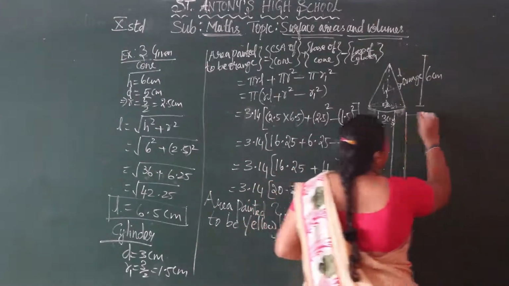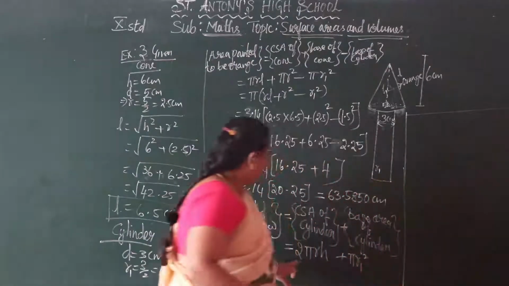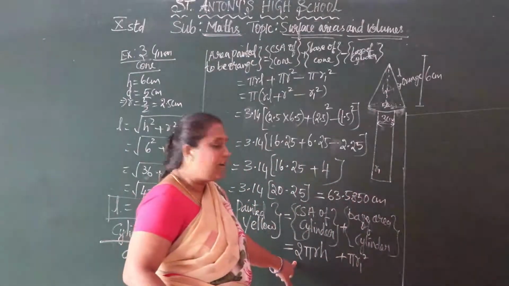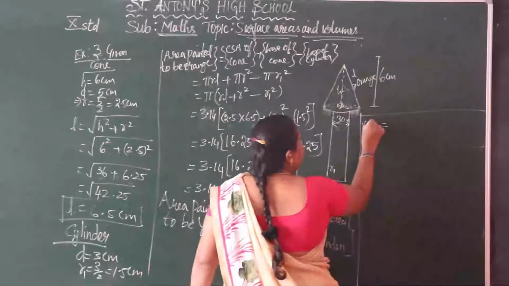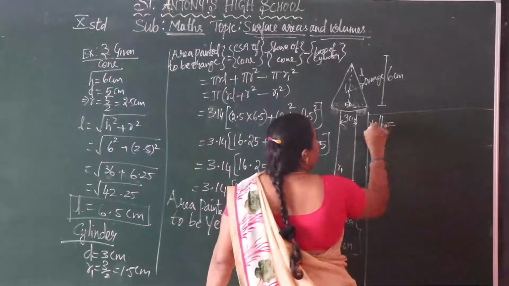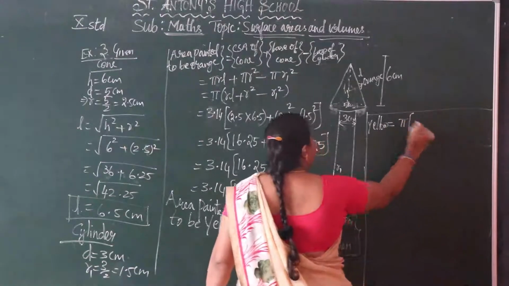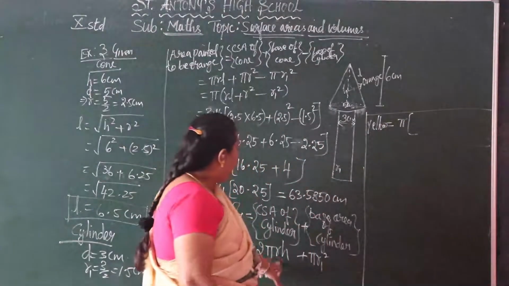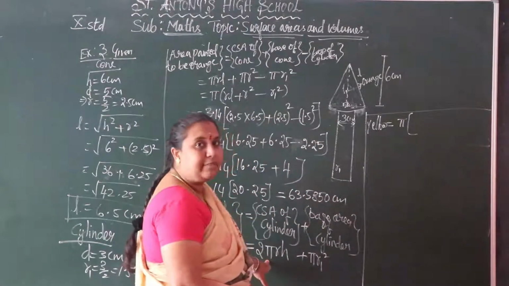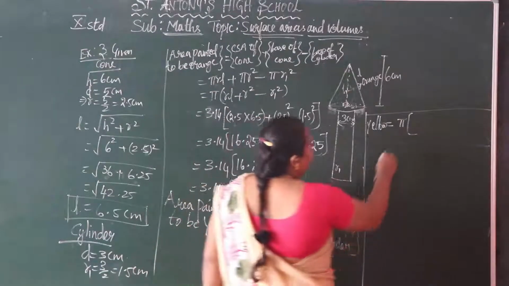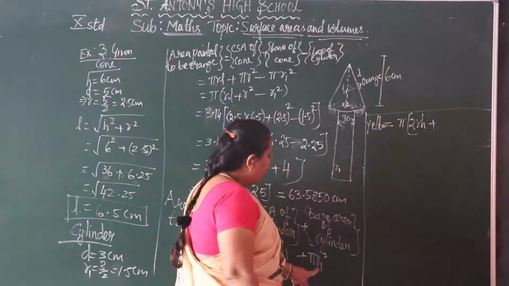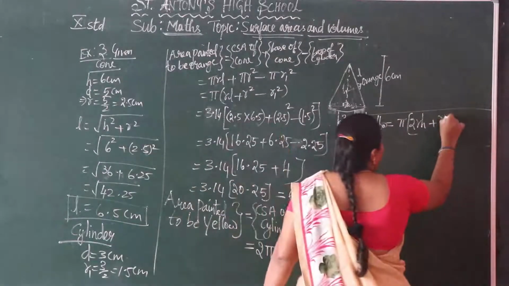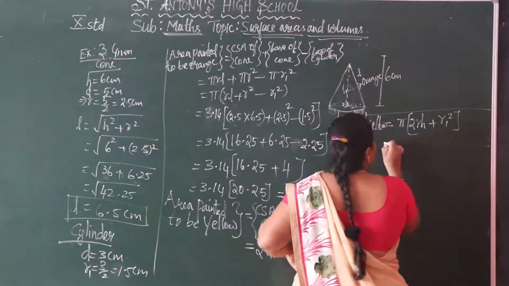So the area to be painted with yellow equals pi times (2rh plus r1 square).